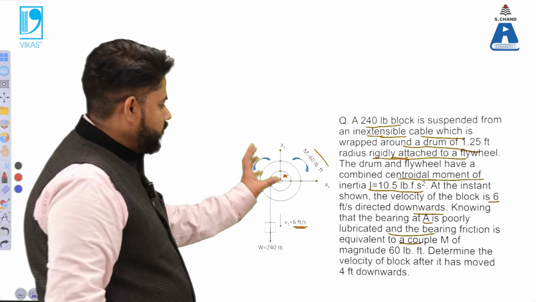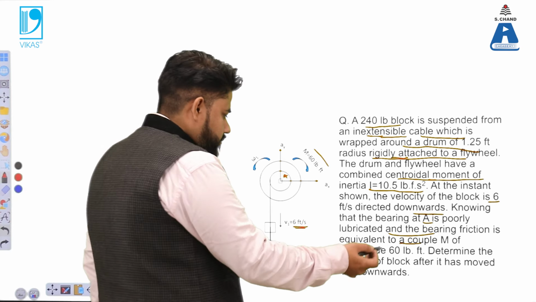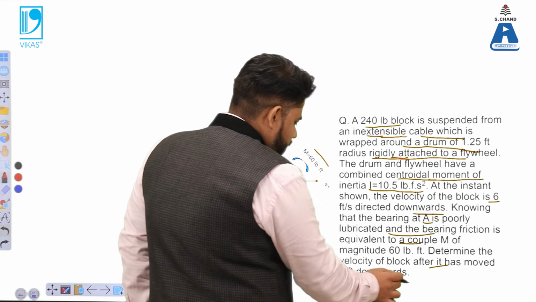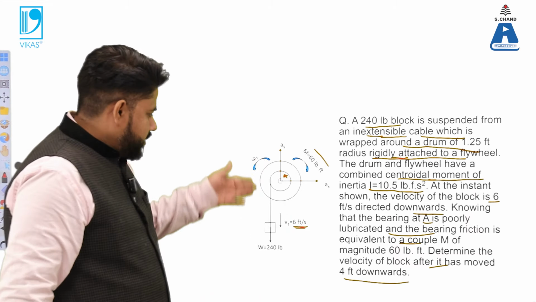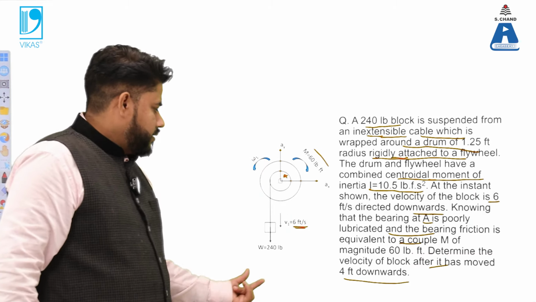So this bearing is moving with the couple value of 60 pound-feet. So we need to determine the velocity of the block after it has moved 4 feet downwards. So there is a distance mentioned to us that this block has moved 4 feet downwards.